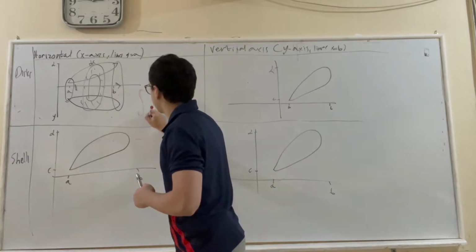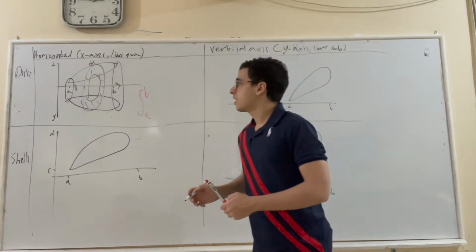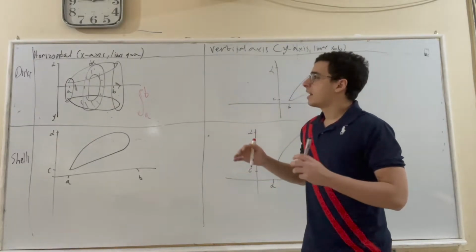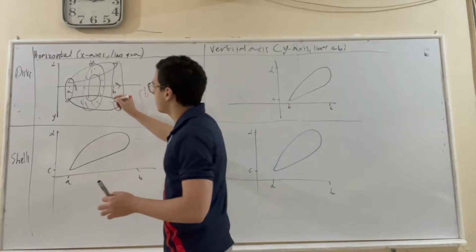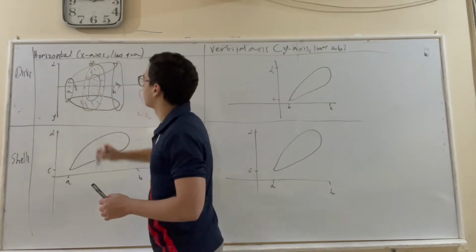So A till B, okay, and then what happens here? There's an inner radius, which is this one, and there's the outer radius.